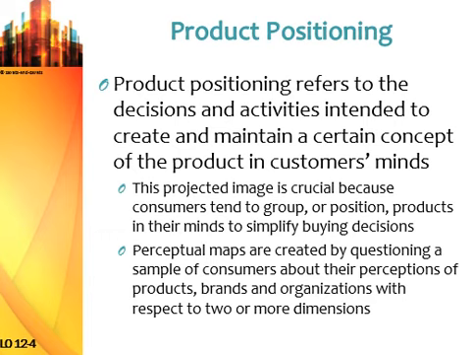So this projected image is crucial because consumers tend to group or position products in their minds to simplify buying decisions. So they can group products into high quality products, or medium or low quality.